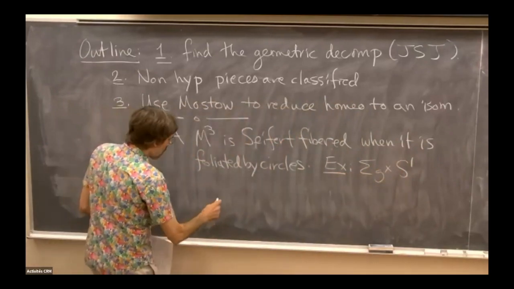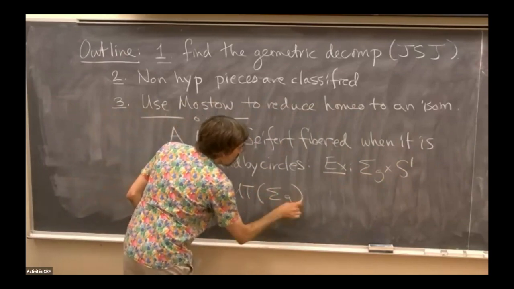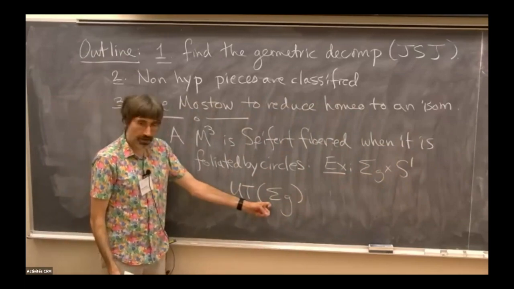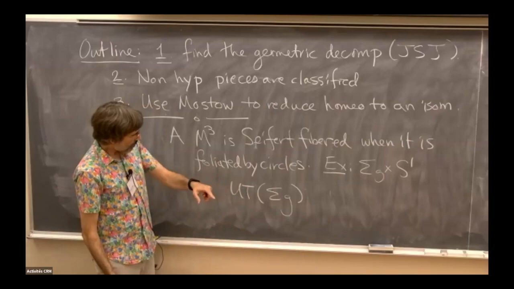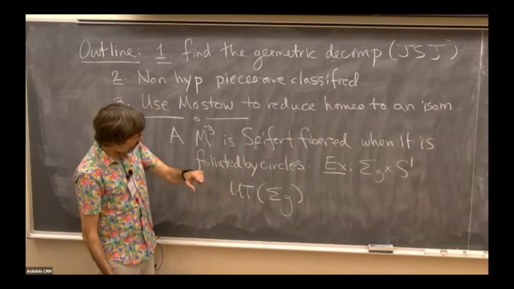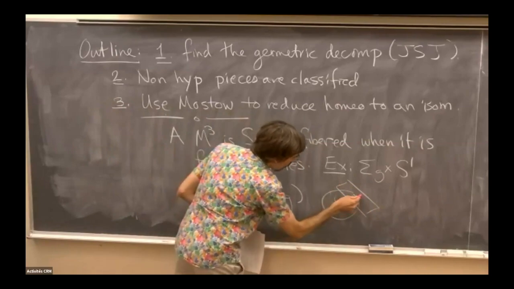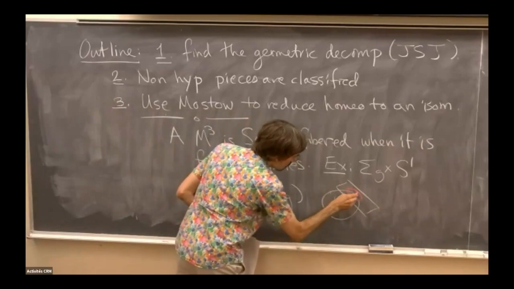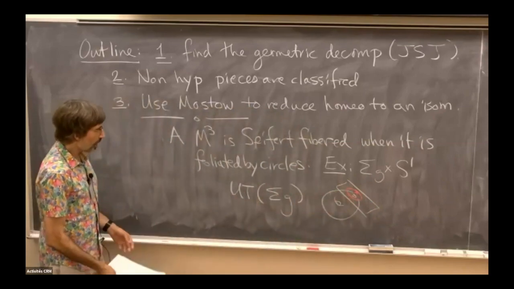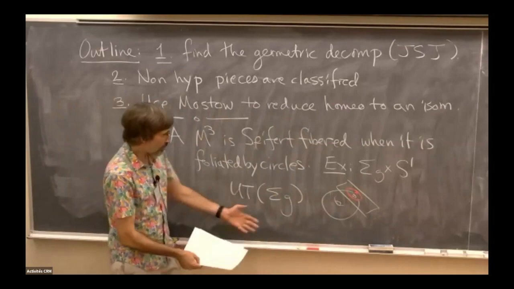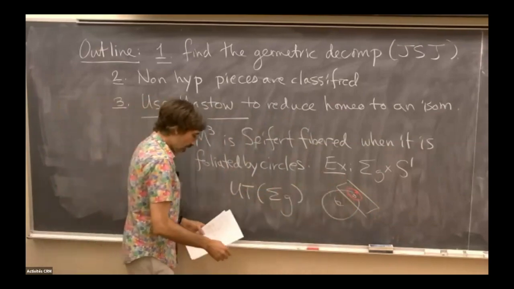We could do something slightly more complicated: take the unit tangent bundle to a surface. Pick any Riemannian metric on a surface and look at its tangent bundle. In each tangent plane we have a circle of unit vectors. That's actually a 3-manifold, and the way I defined it, this again has a foliation by circles.